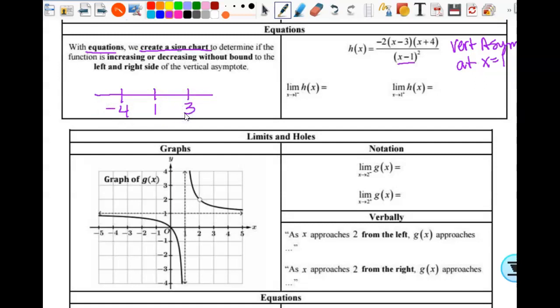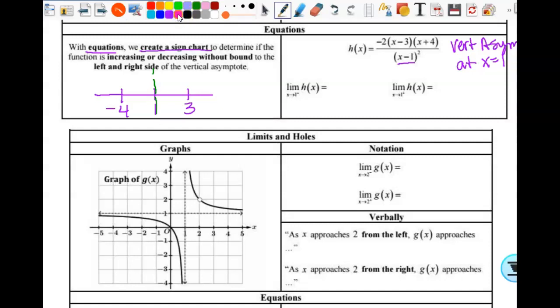Do I have to do the entire sign chart? No, I do not. All I'm concerned with is where the asymptote is, right? But you don't have to put the zeros on there, but I do think it's a good idea because then it allows you to use whole numbers, which I think you're more comfortable with, without using the wrong ones. Like I can't use a negative 5 or a positive 4. I don't want to go on either side of that.